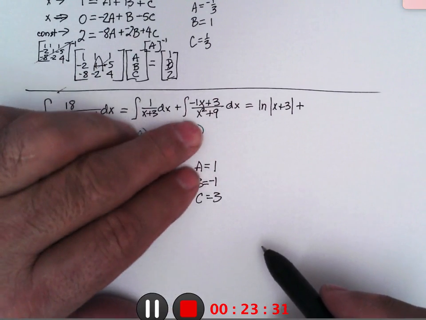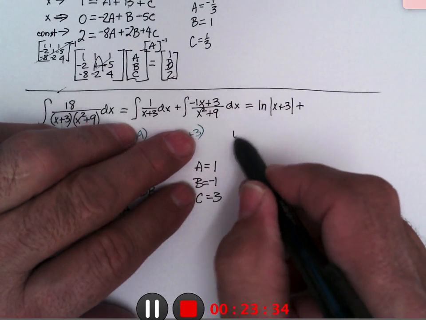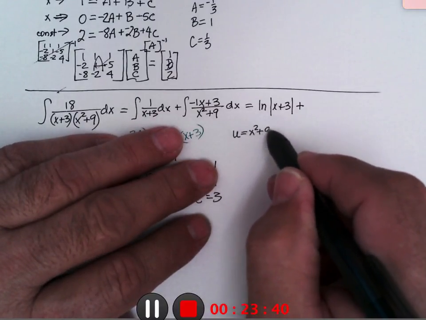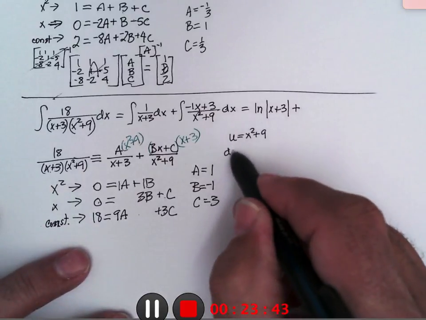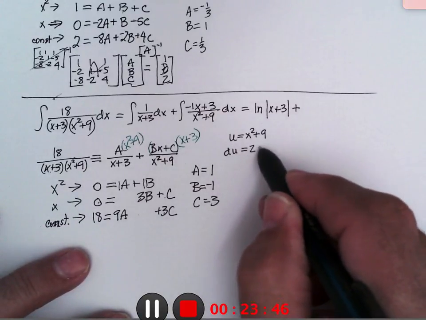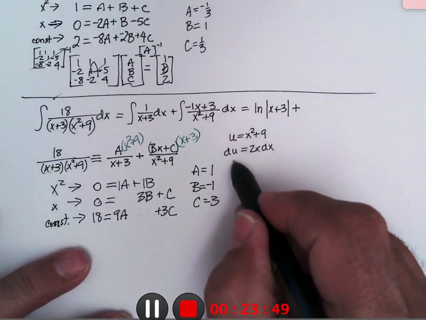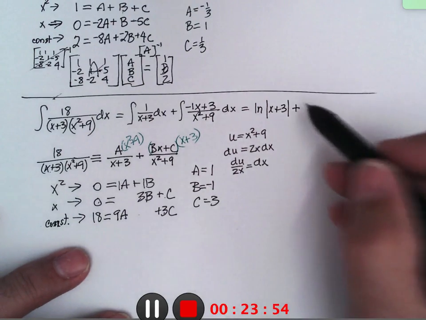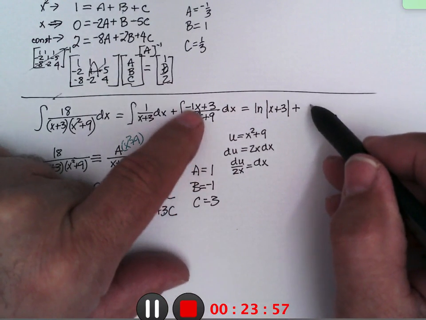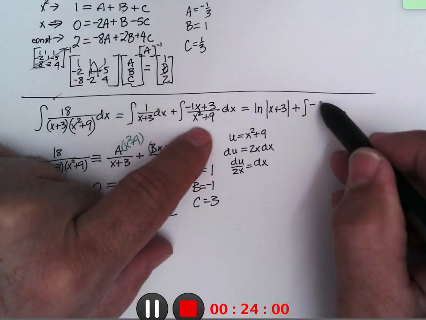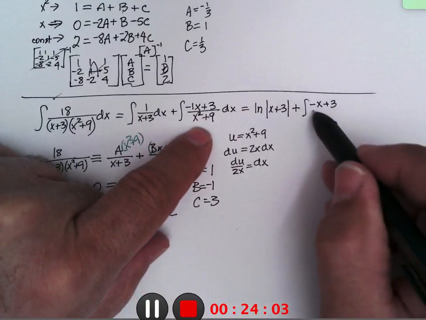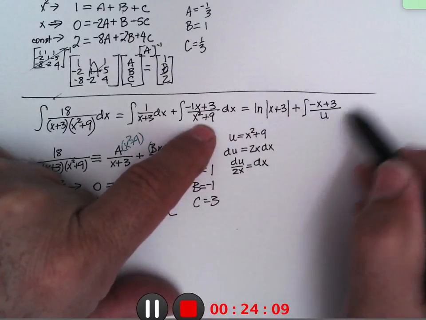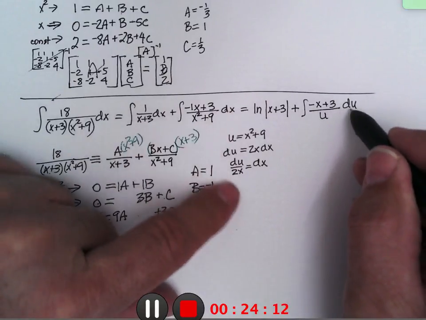If we let u be x squared plus 9, then du would equal 2x dx, and then I'd get du over 2x is dx. So this one would change to the integral of -x plus 3 over u, and du would be over 2x.